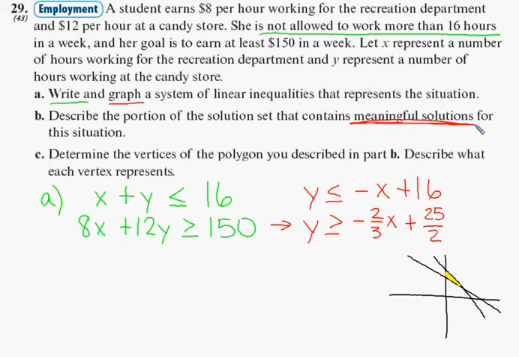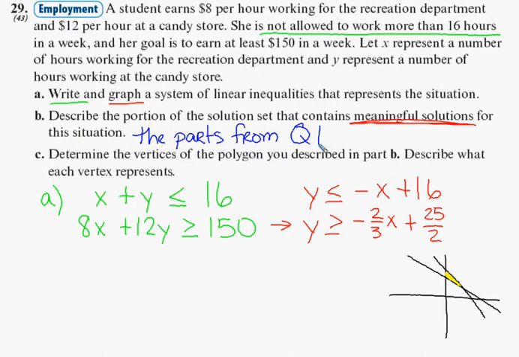So my opinion is that the answer for that can just be the parts from quadrant 1. Remember, it can only be quadrant 1 because you can't work negative hours. So quadrant 1 is the only one that has positive values for both x and y.